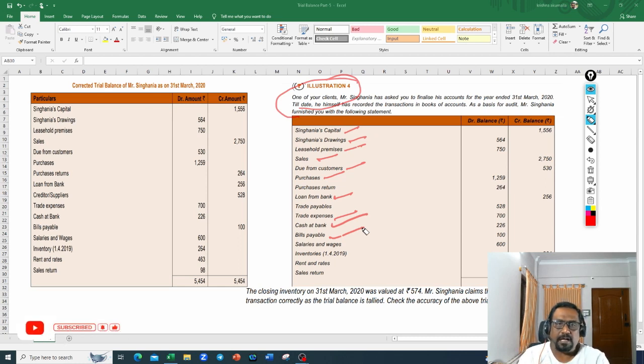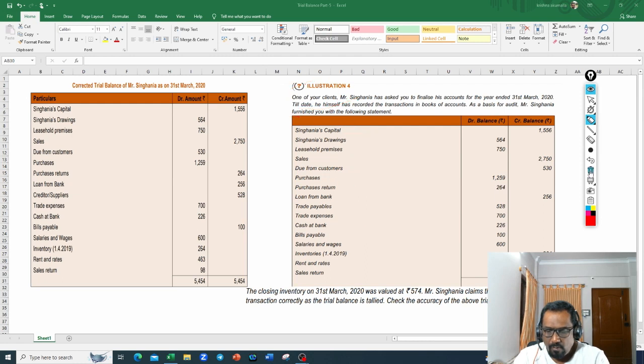So these are the accounts he already prepared and the summary was given to us. Now, what we are expected to do is, each and every transaction, whatever is mentioned there, whether it is right or wrong, we need to see. If it is wrong, we need to set it right and give them the correct statement.